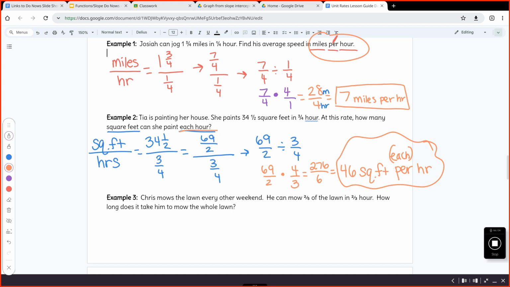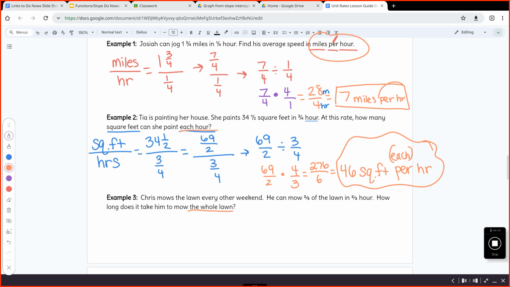All right, and here's our last example. Chris mows the lawn every other weekend. He can mow 2/5 of the lawn in 2/3 hours. How long does it take him to mow the whole lawn? This one's a little bit tricky to figure out what's at the top and what's at the bottom. Think of where it says the whole lawn. When we're finding unit rate, you're trying to figure out what it is for each one.